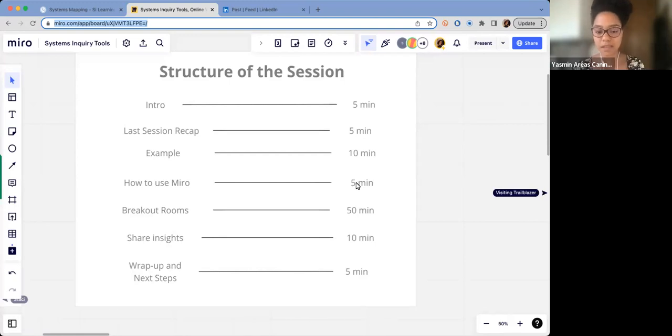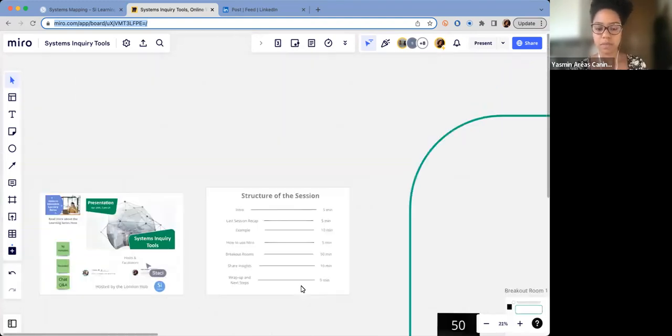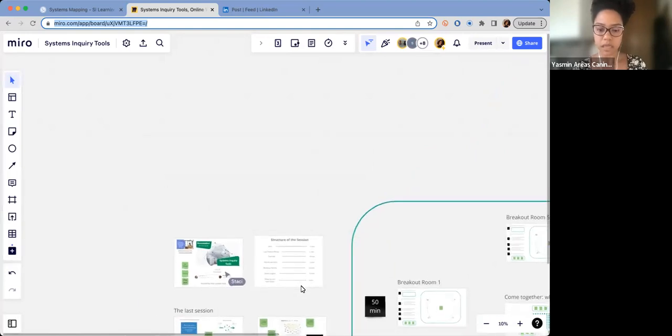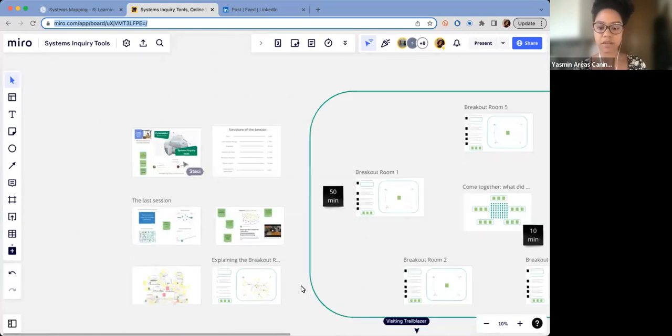Then just a quick review on how to use the Miro board and some extra details for today's session that are going to be important. And then we're going to spend 15 minutes in the breakout room, then come back to share some insights, and then wrap up and next steps. If you have any questions so far, let me know. And this is pretty much the structure, right?